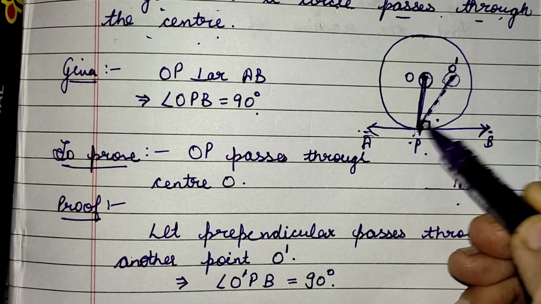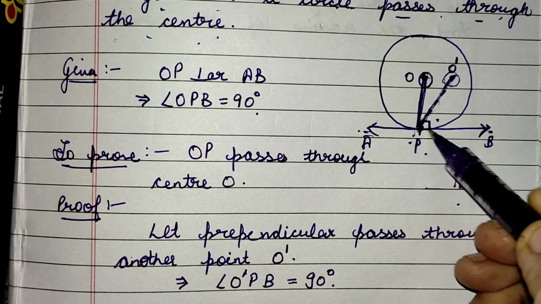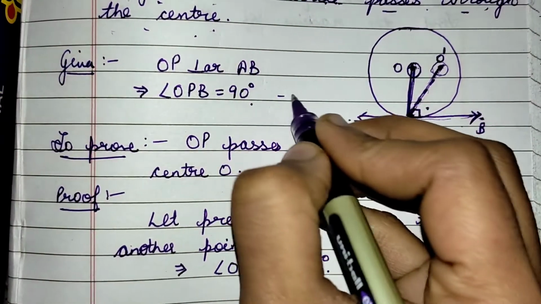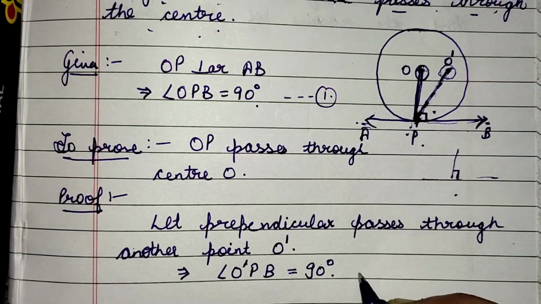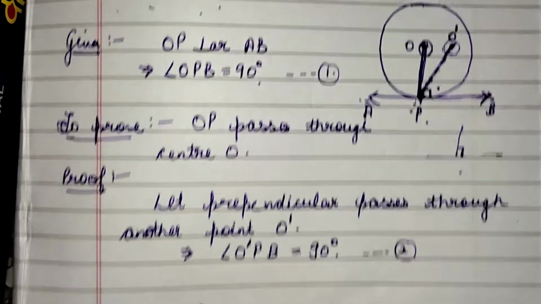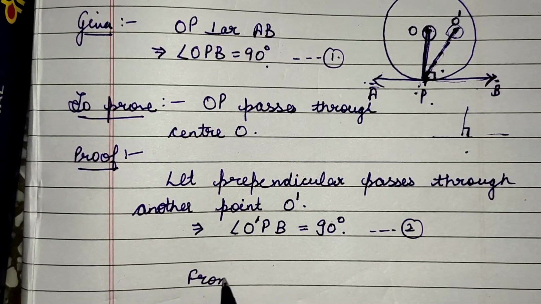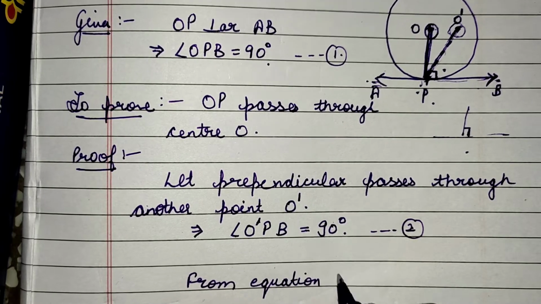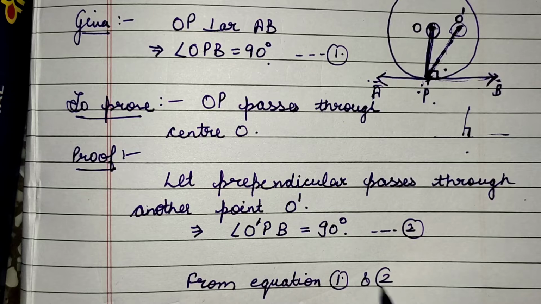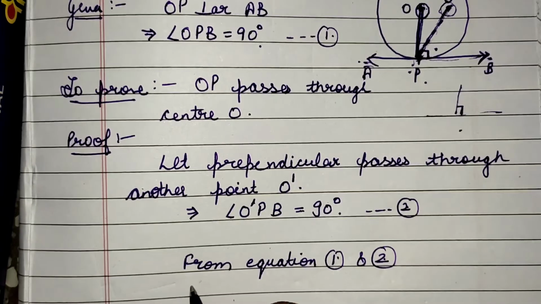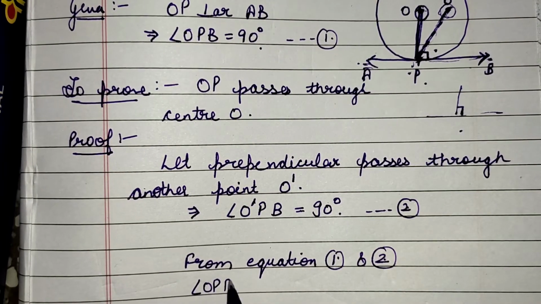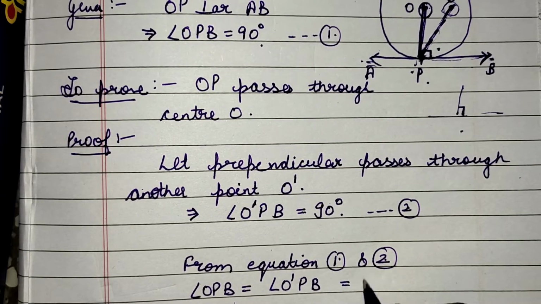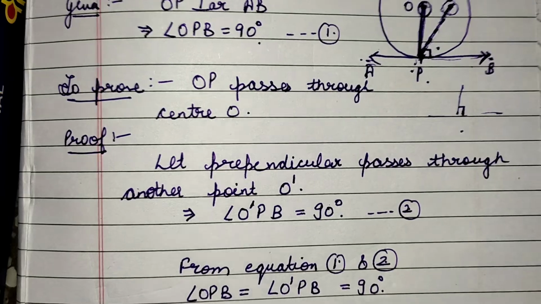So if this is the perpendicular this time, then my angle O dash PB will be equal to 90 degrees. But from equation number 1 and 2, you will get angle OPB is equal to angle O dash PB, and both are equal to 90 degrees.